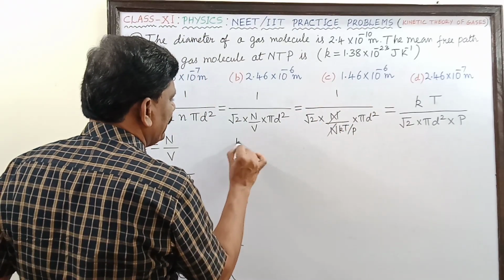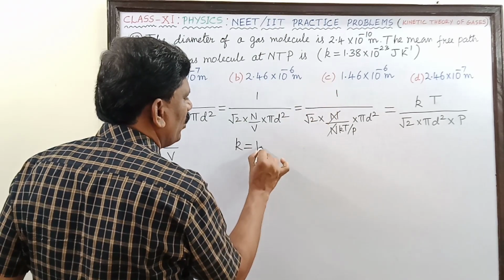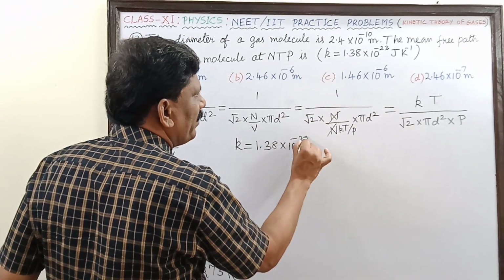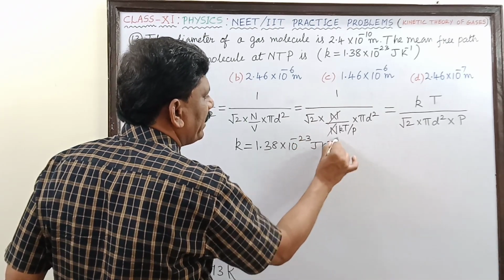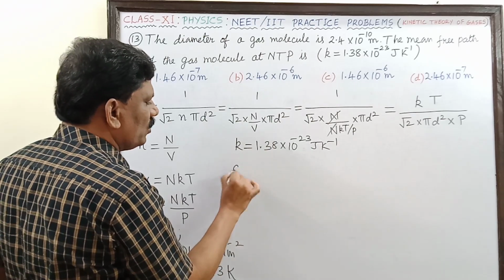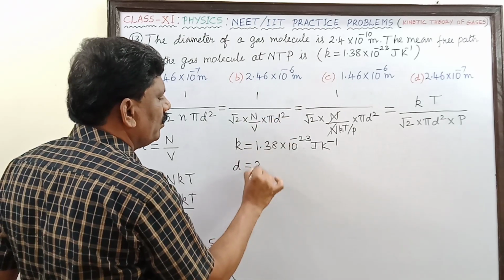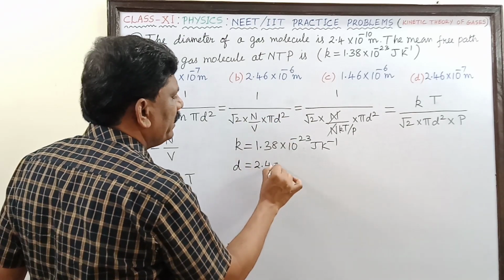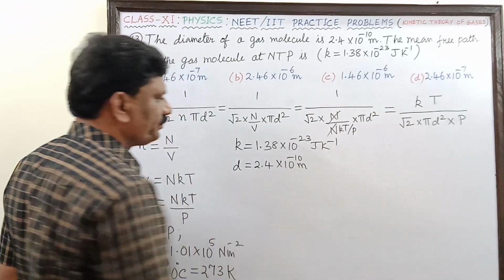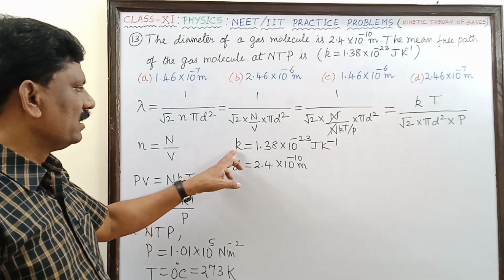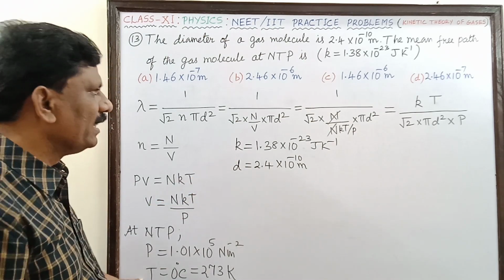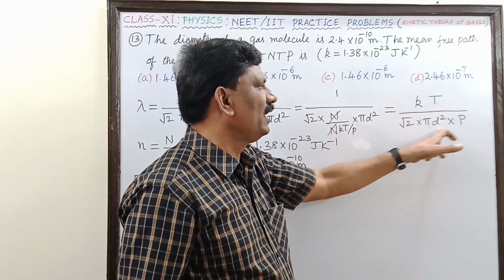The value of K, the Boltzmann constant, 1.38 × 10^-23 joule per Kelvin. What else is given? Diameter, which is 2.4 × 10^-10 meter. So K, diameter d, pressure P, and temperature T, all are given.